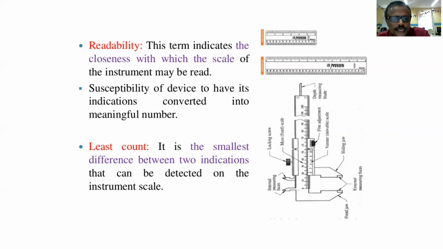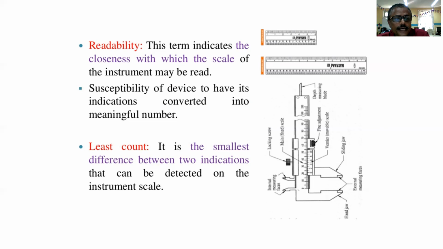What is the least count of the ordinary scale we use daily? That is 1 millimeter. We cannot measure a value which is less than 1 millimeter. So least count is nothing but the very smallest measurable distance.